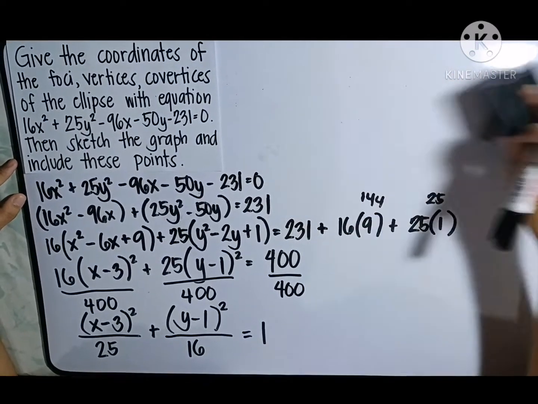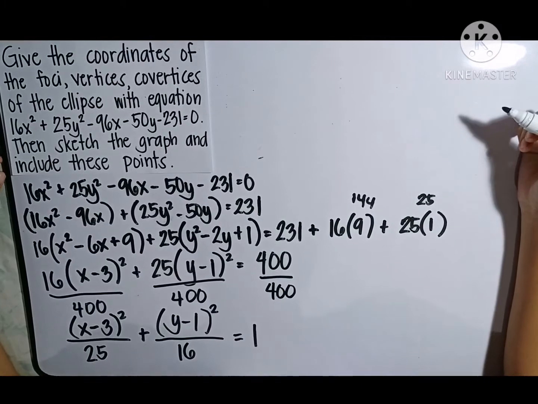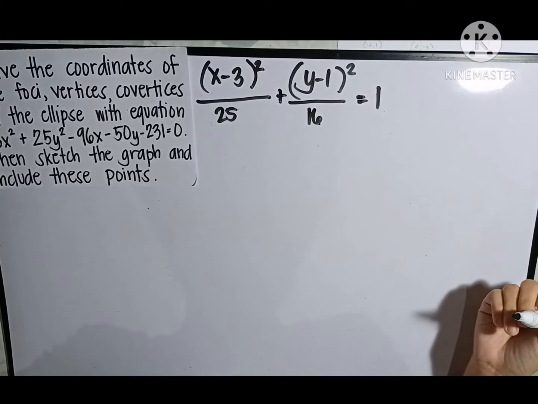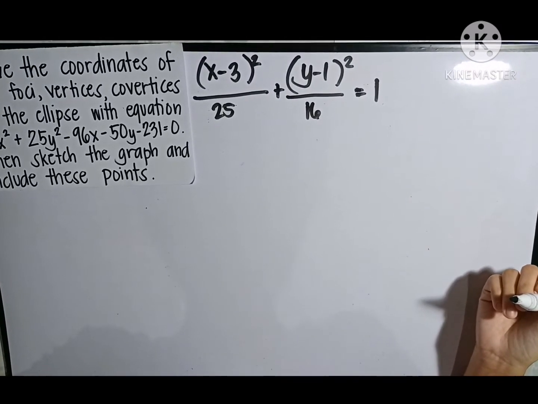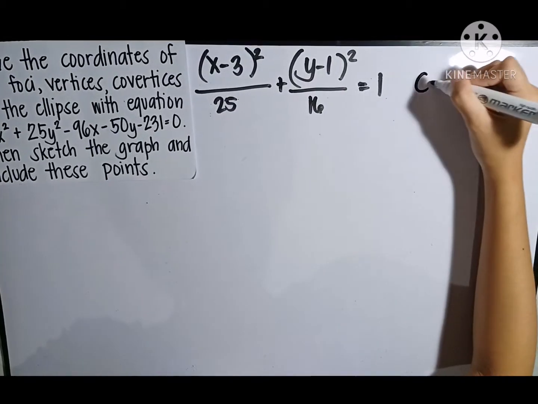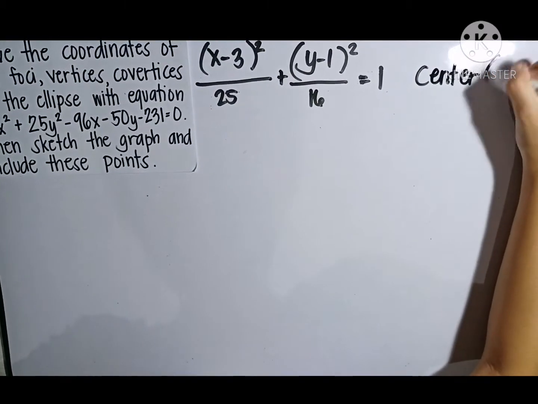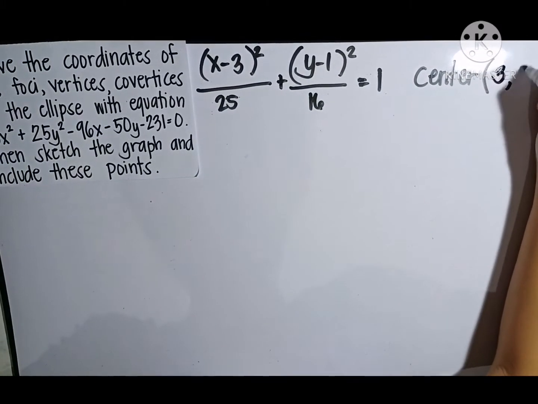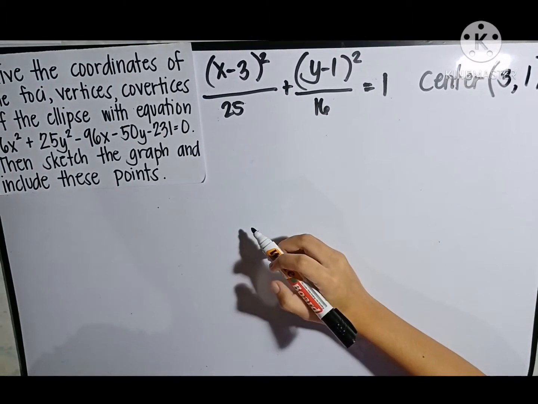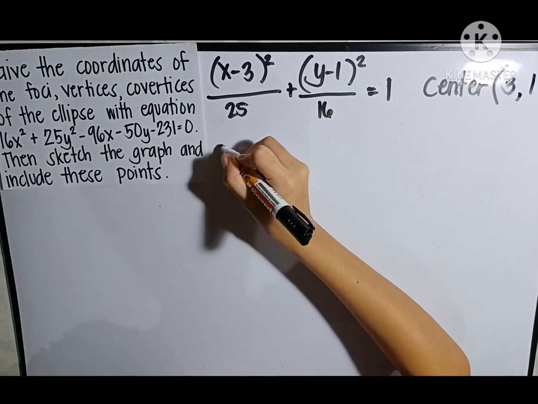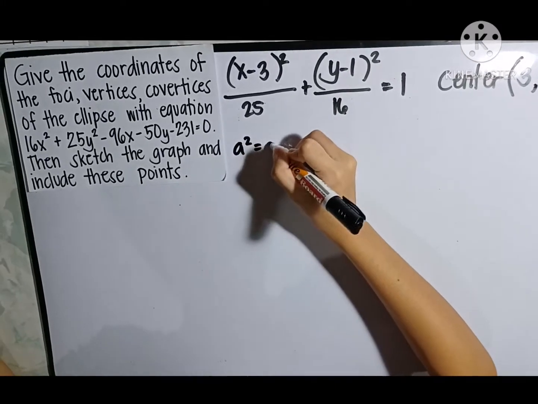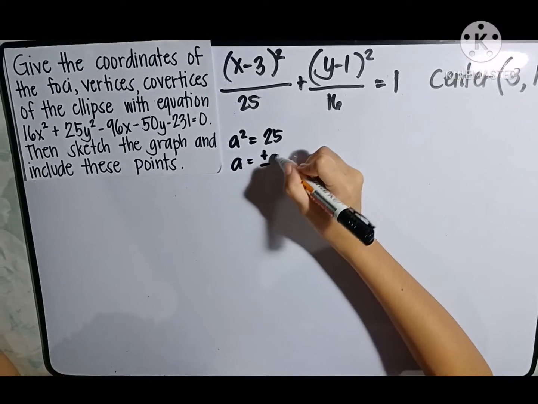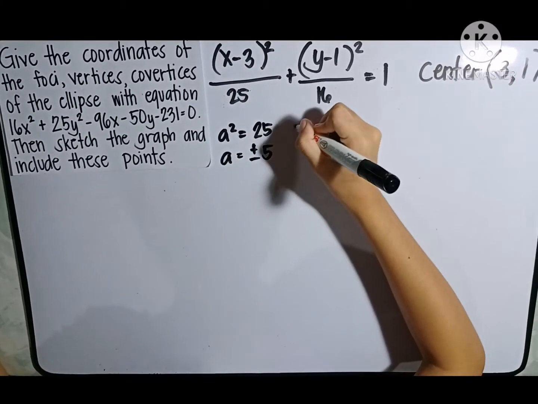Now, let us proceed in finding the coordinates of foci, co-vertices, vertices of the ellipse. From this equation, we can already identify the center of the ellipse. The center is 3, 1. From this one, 25 is equal to our a squared, so a will be plus or minus 5.